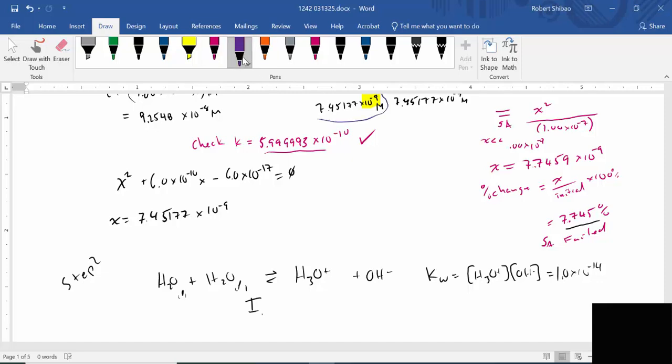All the hydronium produced in step 1 needs to move down into step 2. So this is going to be the initial from HCl, 7.45177 times 10 to the minus 9 molar.